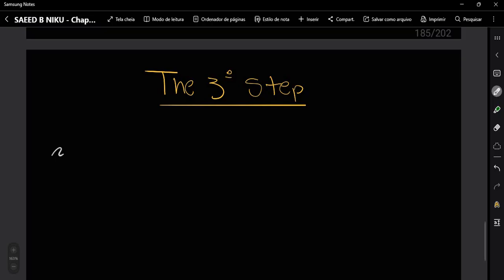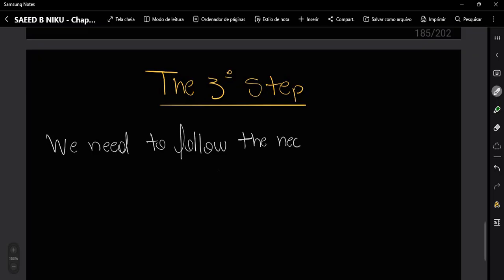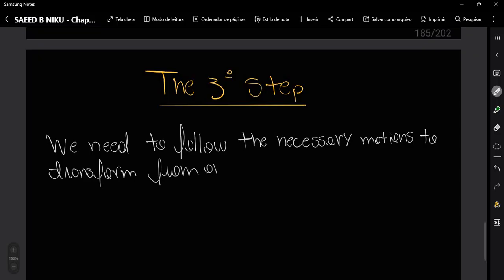So we need to follow the necessary motions to transform from one reference frame to the next.